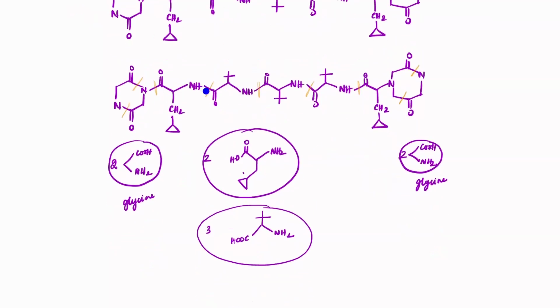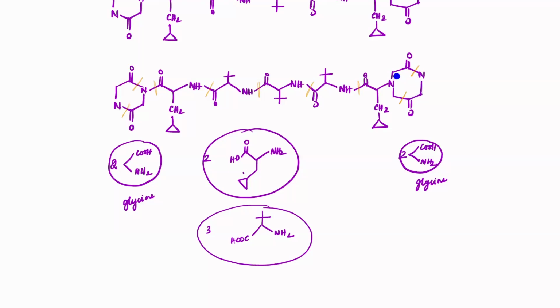And then you can see this group, this group, and this group. All three are exactly the same. So I will get 3 moles of this amino acid. And here also, if I break it here and here, I will get this group as well as this group here, correct? Yeah. Here also you'll get this in amine form.